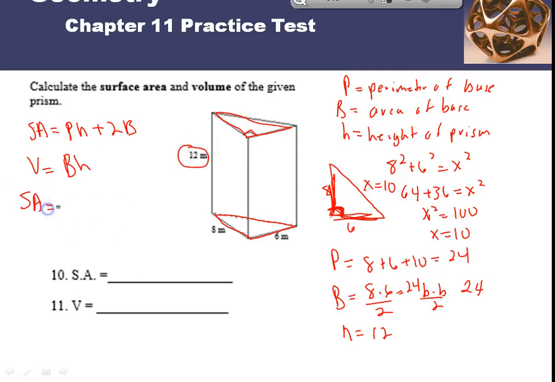So my surface area is the perimeter, which is 24, times the height, which is 12, plus 2 times big B, and big B is 24. So 24 times 12, 288, I think. Yep, 288 plus 48.